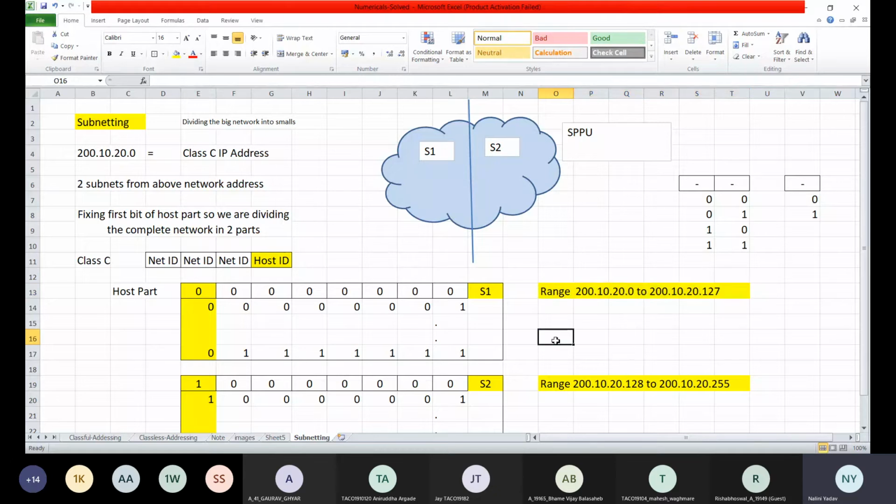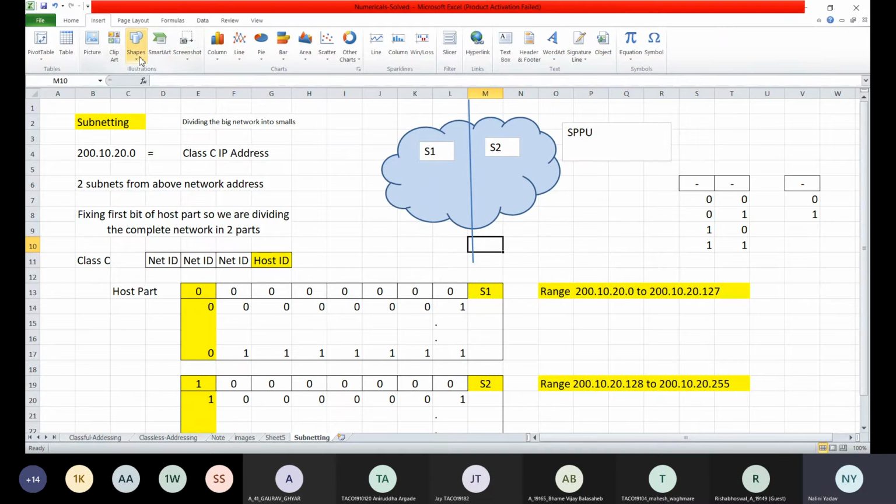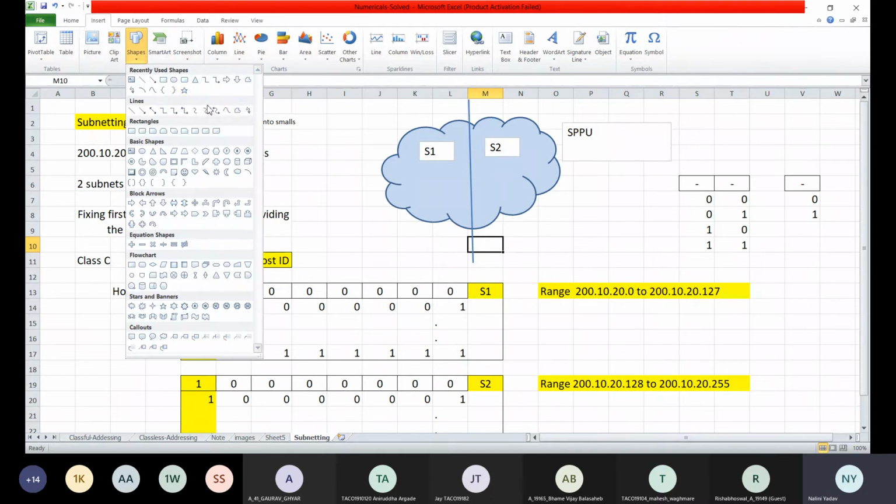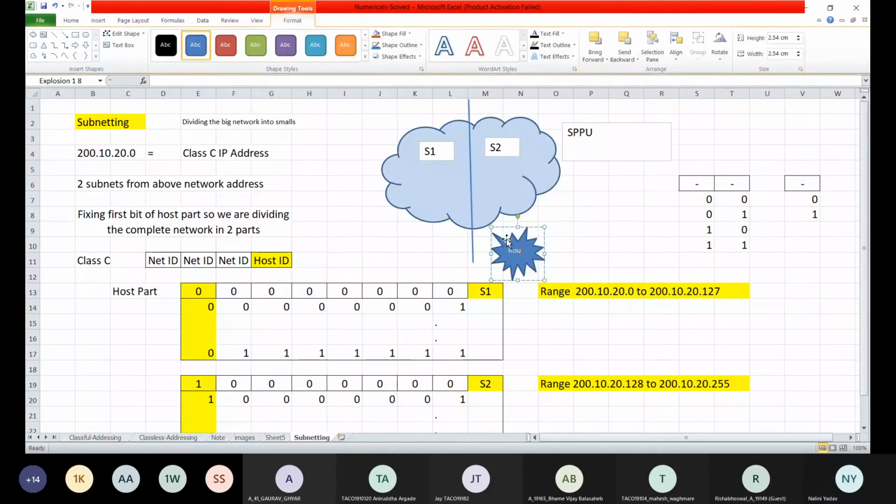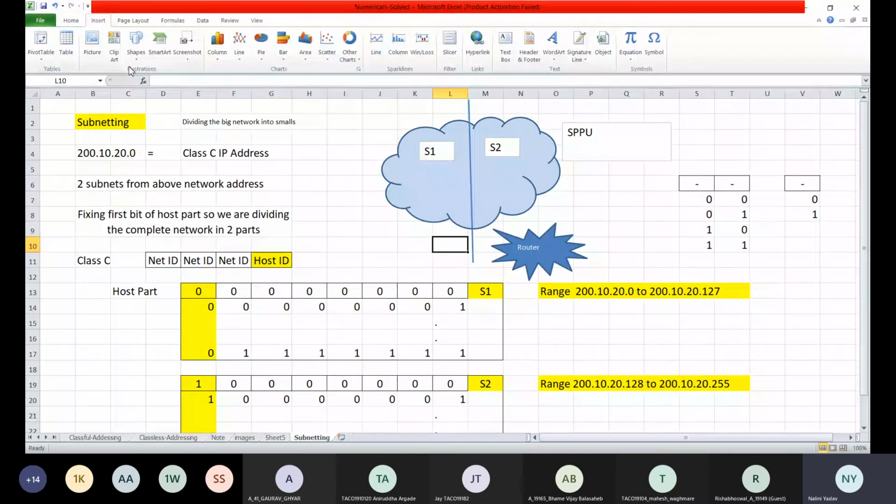So what will be happening is, there will be a router over here, a router outside the network. See, this is my router. This router is getting connected with a main network.